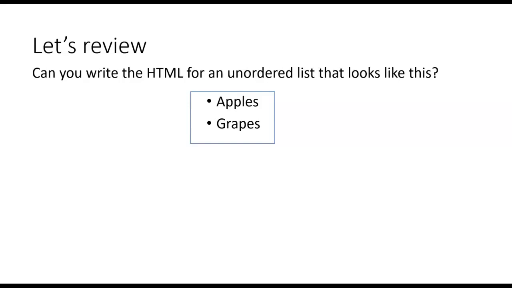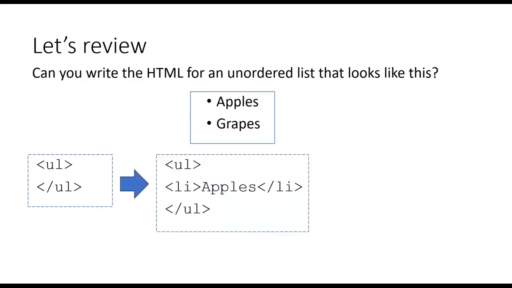All right, I'm back. Let's see how I did this. So I started out by typing or writing the opening UL tag and the closing UL tag, right? Because that's going to be my whole unordered list. Then the next thing I did is I put the first list item into that unordered list.